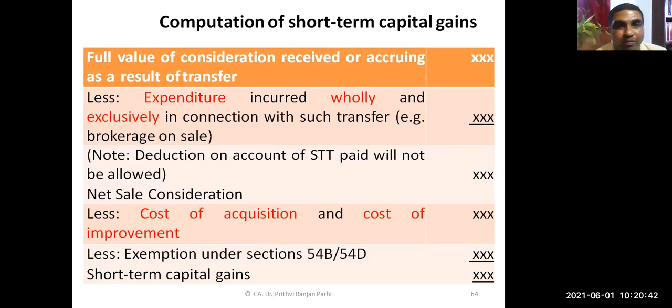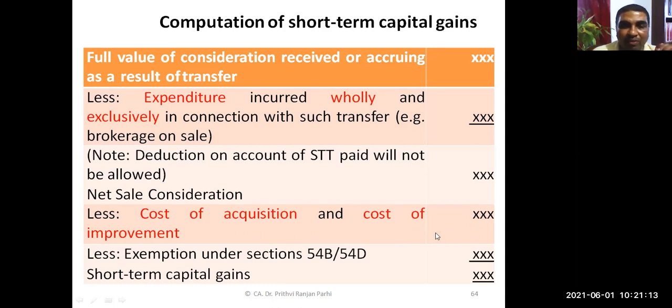Okay, now at this stage we'll summarize the calculation of short-term capital gain and long-term capital gain. You already know what is the short-term and long-term concept. Okay, what I showed you, same thing I am showing you. Full value of consideration, received or accruing, we have to take that figure. Then expenditure incurred wholly and exclusively in connection with the transfer has to be deducted. Here you have to keep in mind that STT will not be deducted. You are getting net sales consideration, less cost of acquisition and cost of improvement.